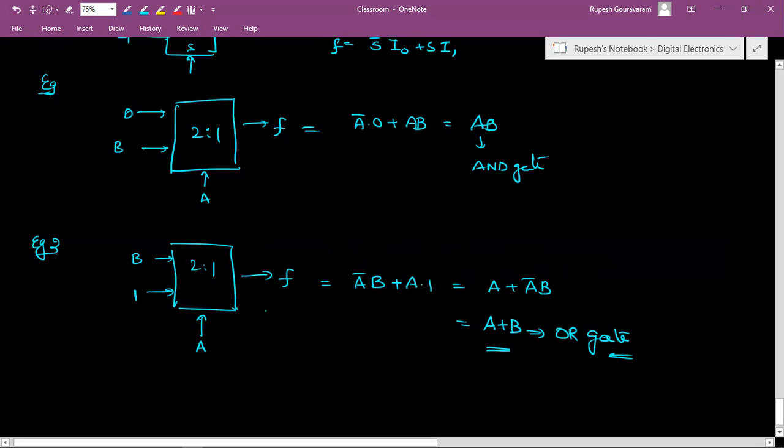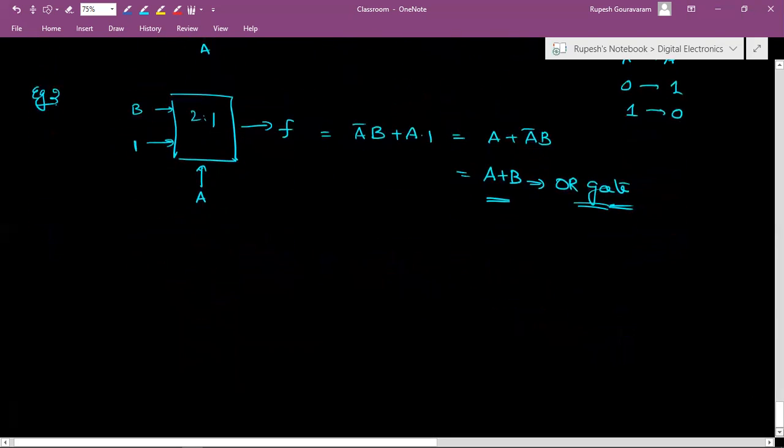Now you have seen that using the same mux, by changing the inputs and select line, in the first case you got an AND gate and in the second case you got an OR gate. Let us see whether we can get an inverter or not. Inverter means what? If you supply A, you should get A dash. If you supply 0, you should get 1. If you supply 1, you should get 0. Let us design an inverter like this.